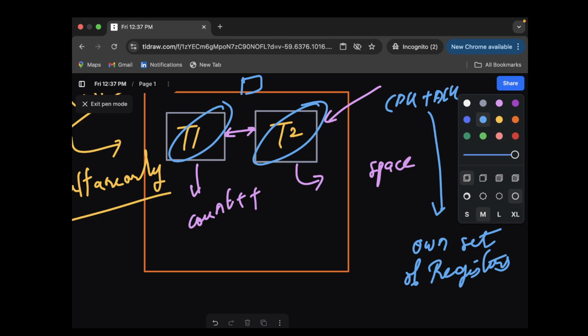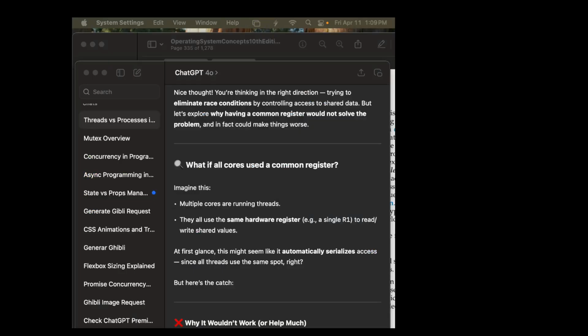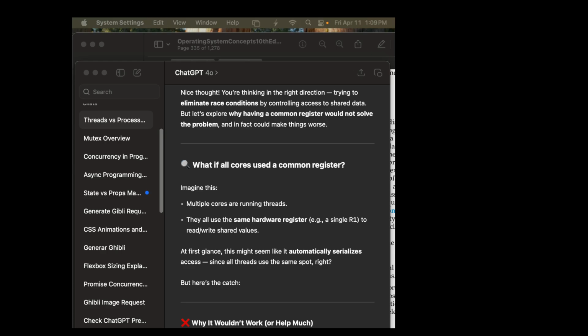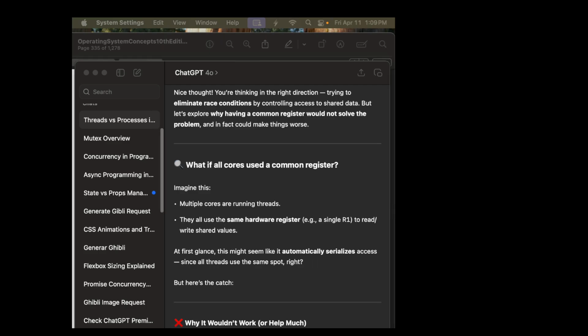The problem is CPUs are not designed to be sharing things, and sharing things will ultimately lead to a slow speed.